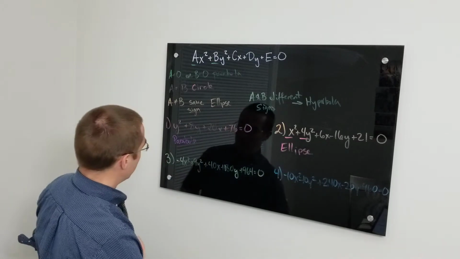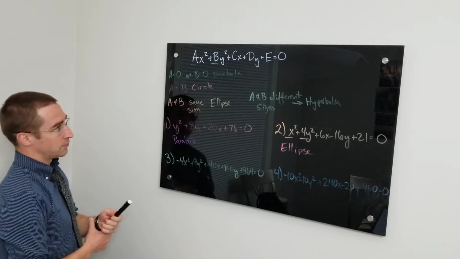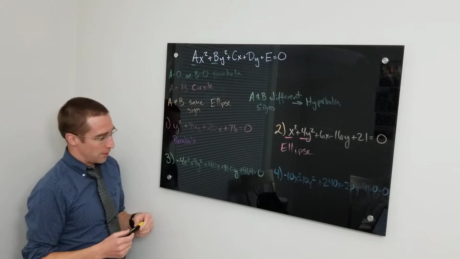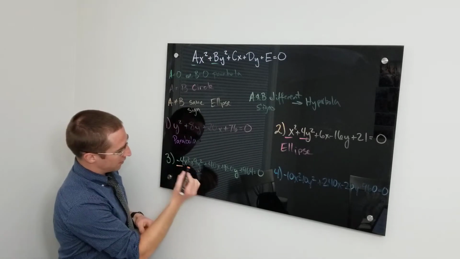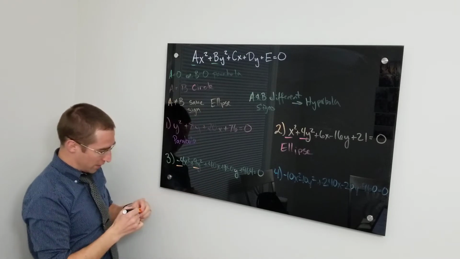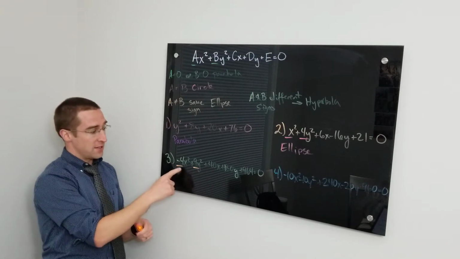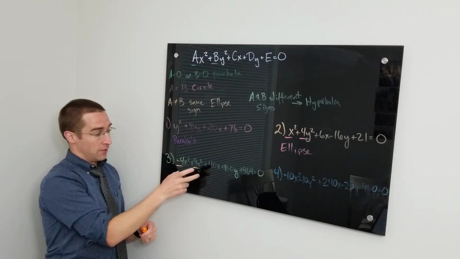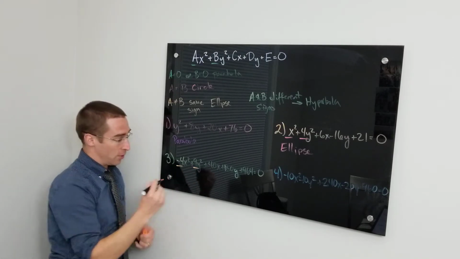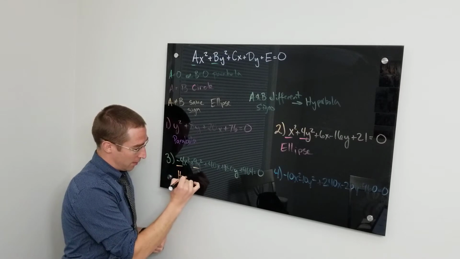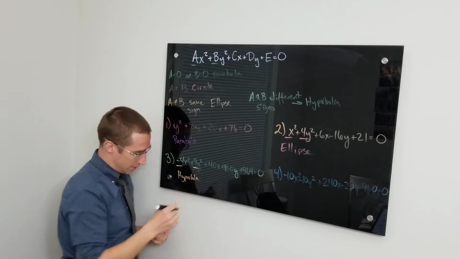All right. Let's look at problem 3. We have a negative 4x squared and a 9y squared. So here we have a positive and a negative for the coefficients of x squared and y squared. So this is going to be a hyperbola.